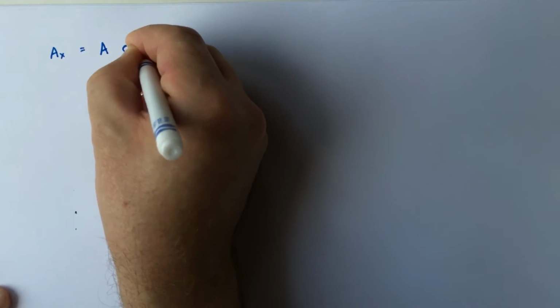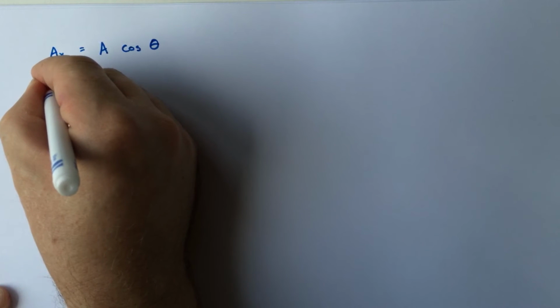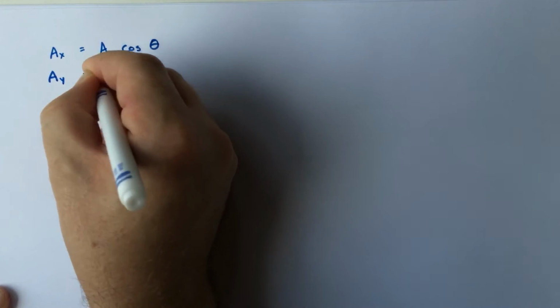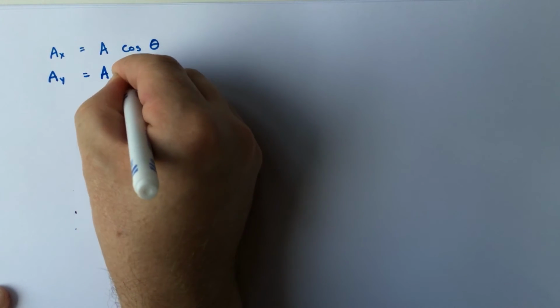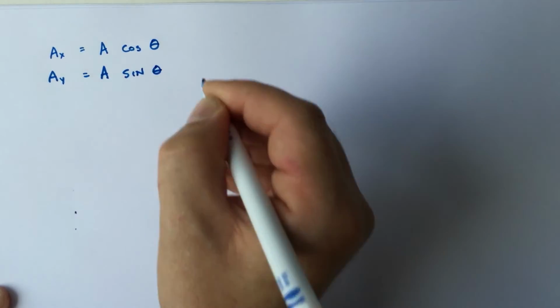Next, your data booklet. Your data booklet has some equations that you can use on any test for vectors. And this is what it says. AX is equal to A times the cosine of theta, and AY is equal to A times the sine of theta.